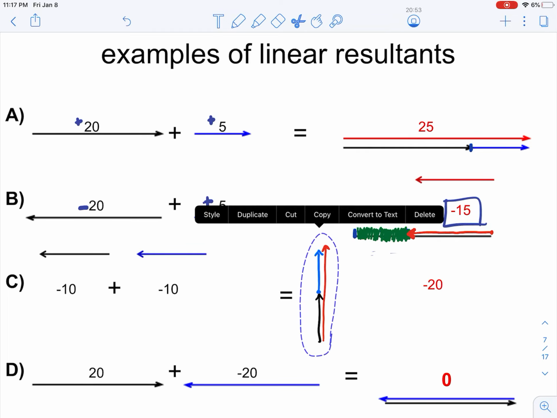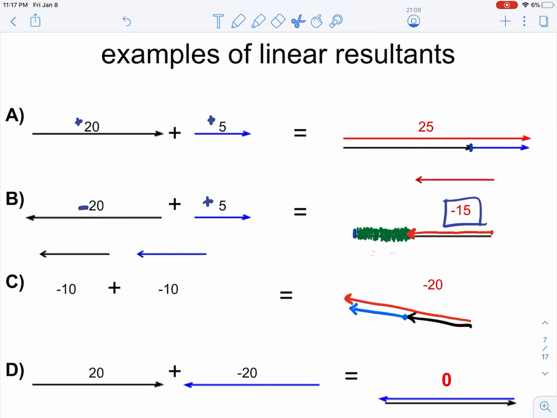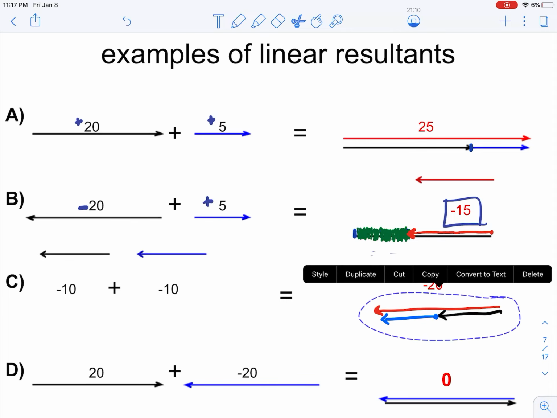So the difference here is that these are either combining horizontal lines or combining vertical lines. Either way, my vectors are in the same plane or working along the same axis.